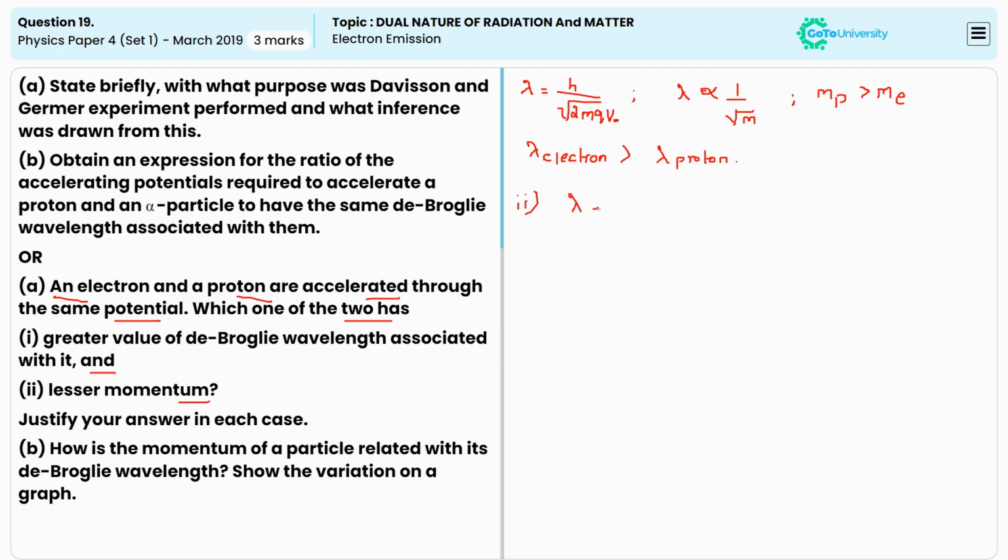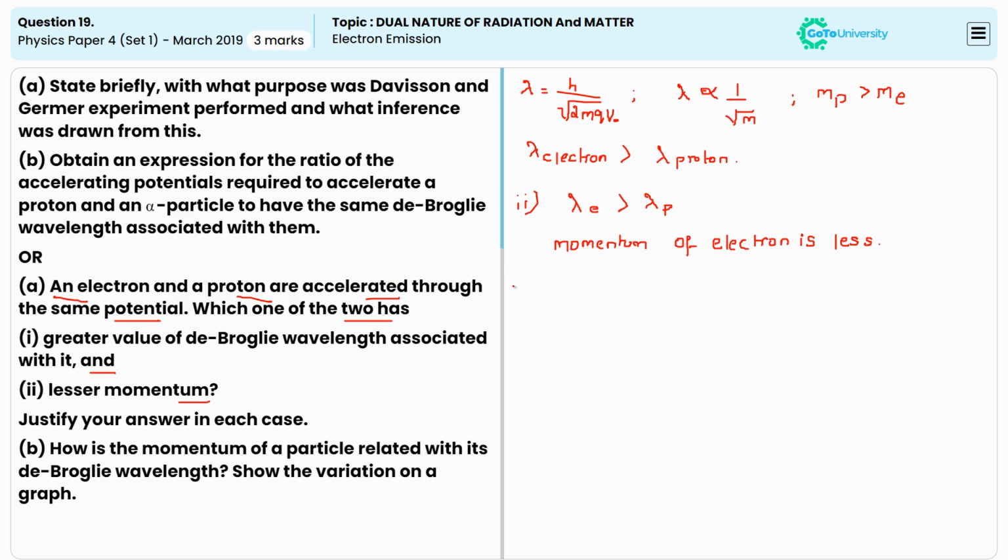Similarly for momentum, that is the second question: the lambda of the electron is greater than the lambda of the proton. Hence, the momentum of the electron is lesser. This is the justification.